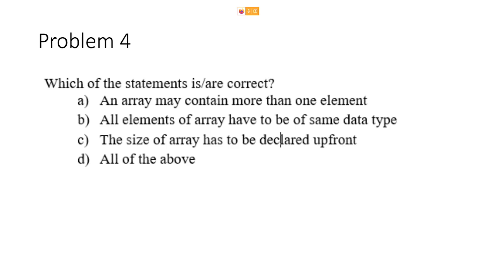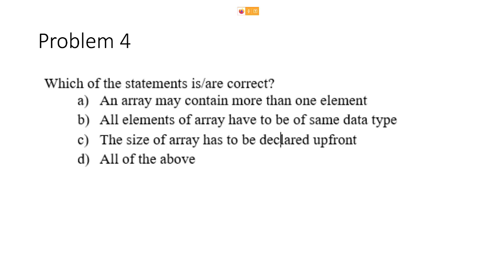Upfront, option C. Upfront means, I think, before you start. So one method we saw was using an initialization list, but another way to initialize the array is with a for loop. So let's say you want to enter values in the array.